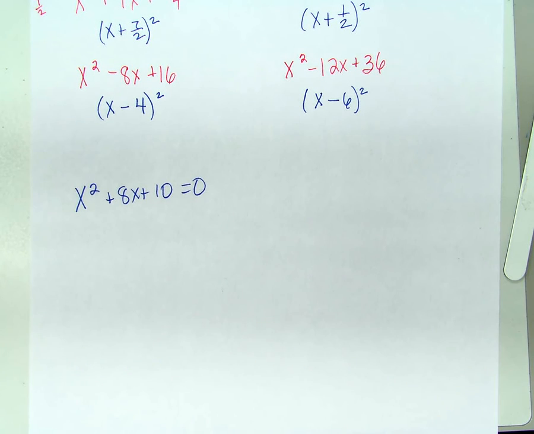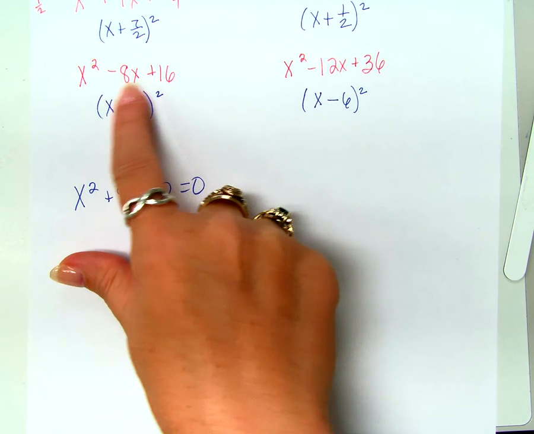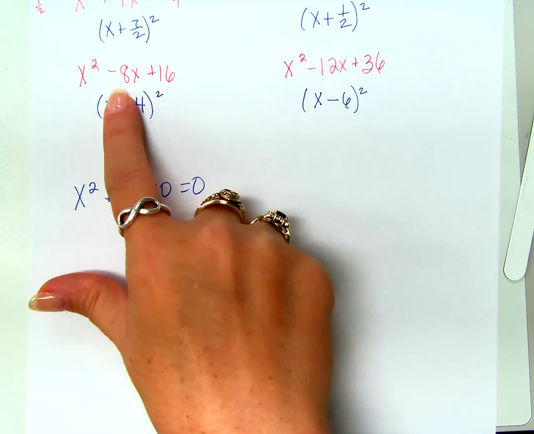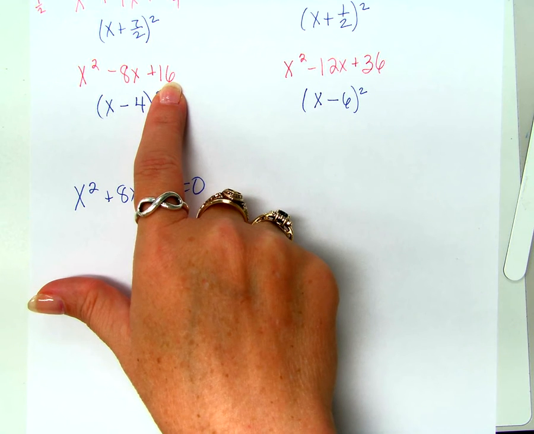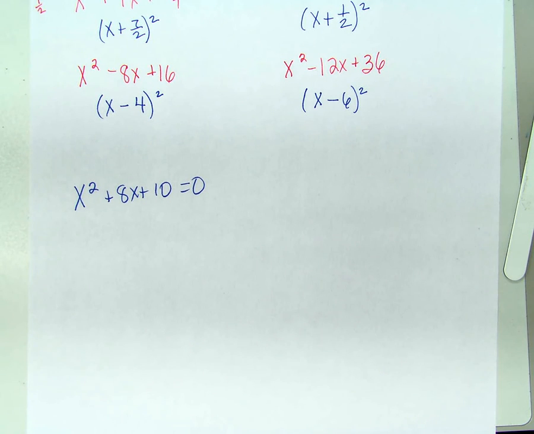First of all, you would try to factor this, wouldn't you? Because that's what we've been doing lately, right? Okay, so tell me what multiplies to be 10 and adds to be 8. Nothing that I can think of, right? So I want to try to complete my square. I want to complete my perfect square trinomial, right? That stupid 10 is in the way.